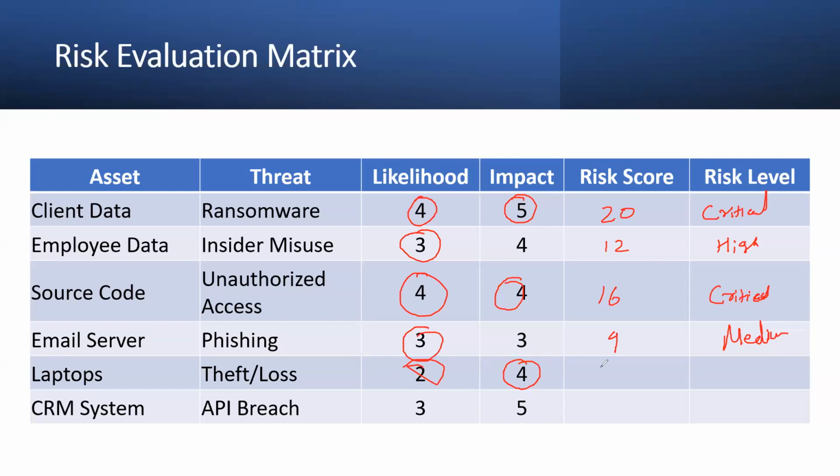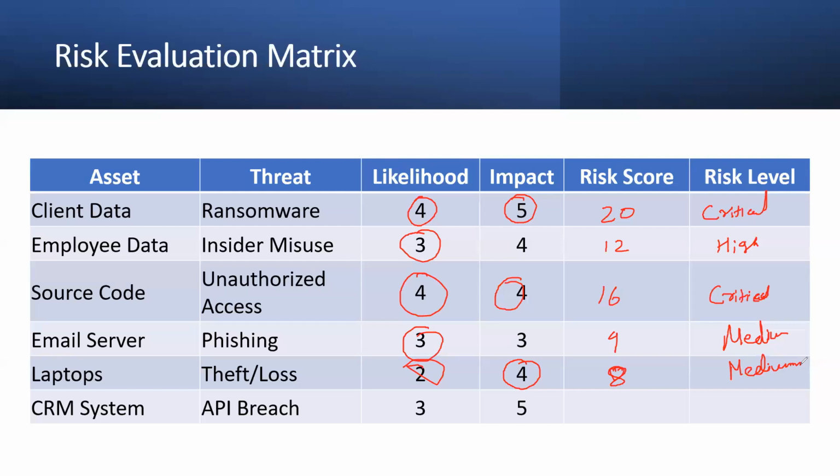What is my risk score now? 8. So it is coming under medium. Okay, so what security are we going to place over here? Full disk encryption, a relatively straightforward control, which is going to reduce the possibility of the risk.